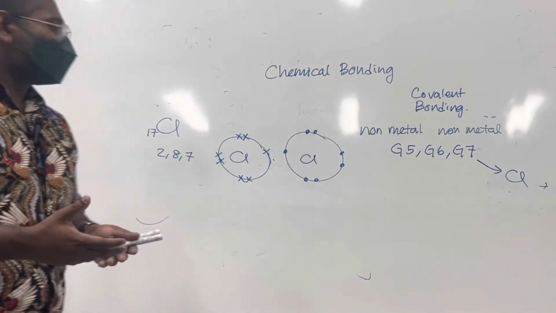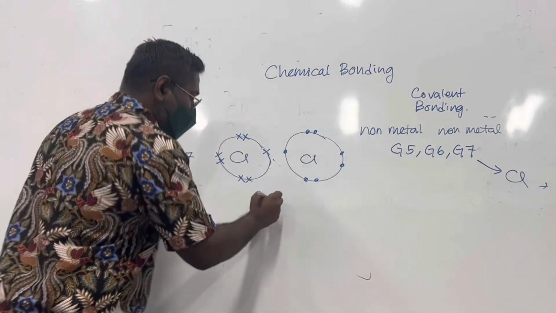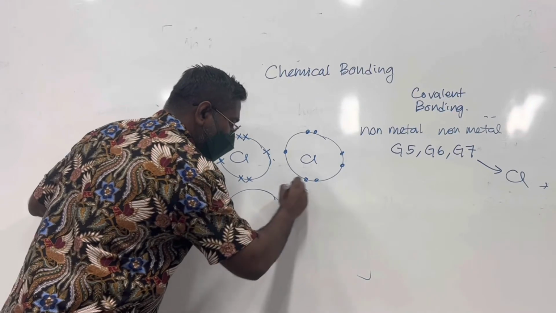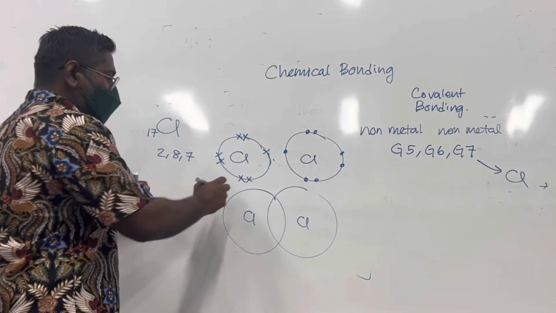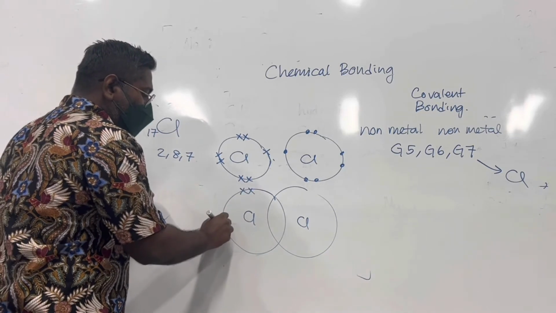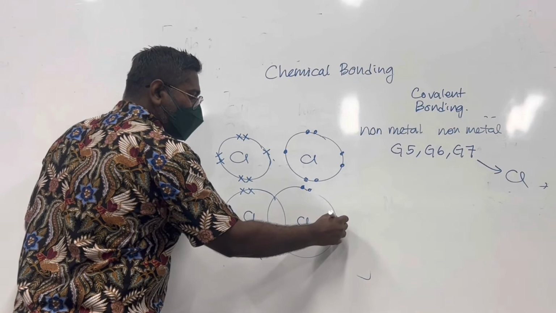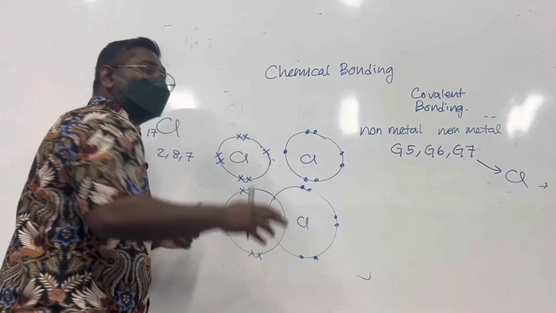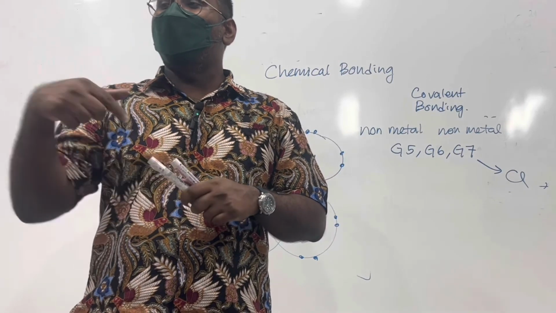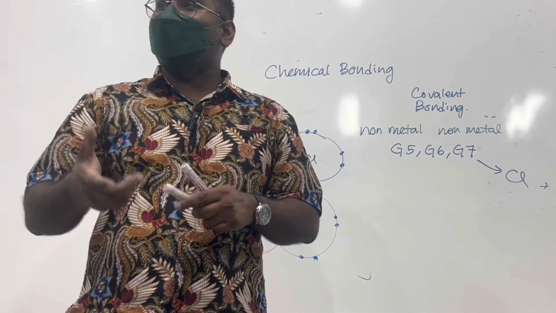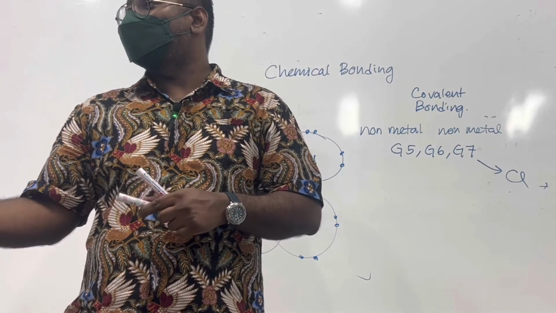How does it work? They are going to overlap. So I will just draw like this, Cl, Cl. In order for this to work, if you need one, you must also be ready to share one. This is very important.